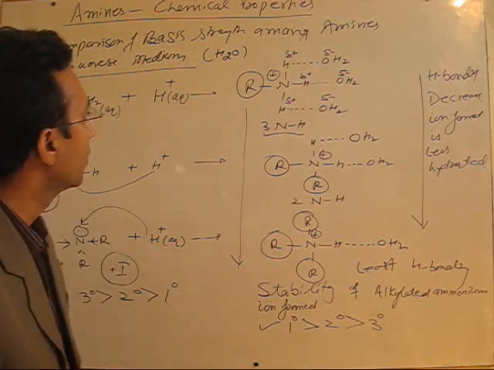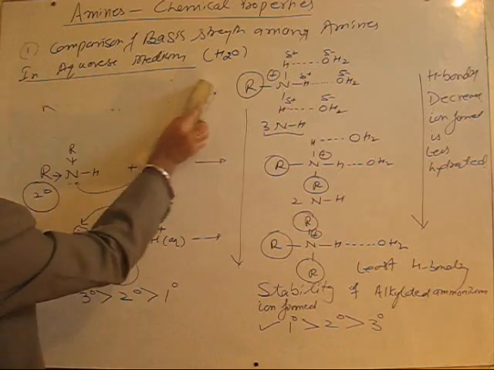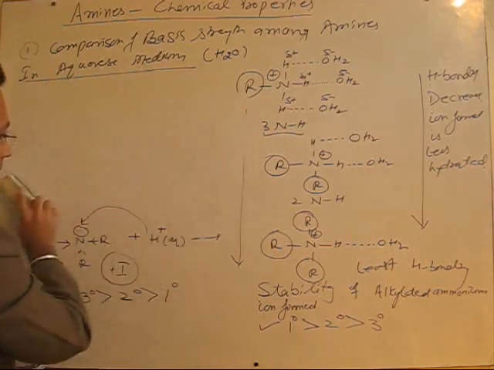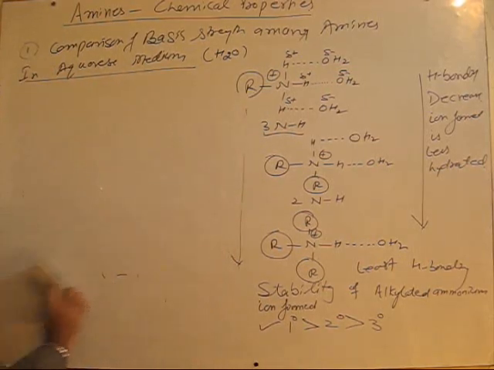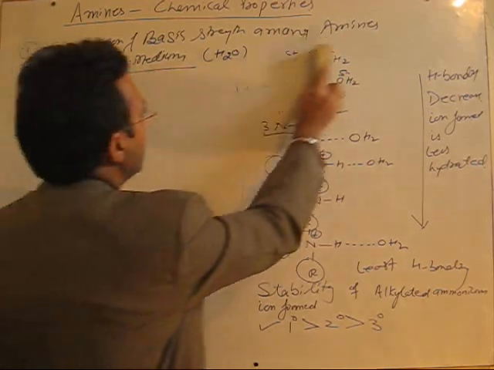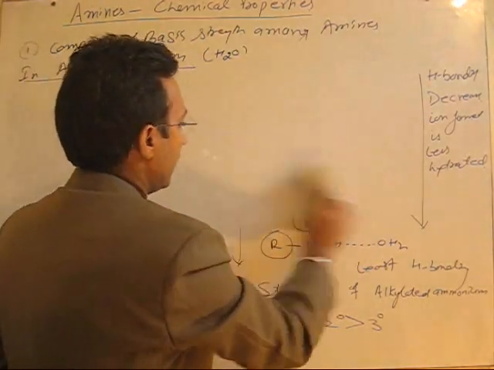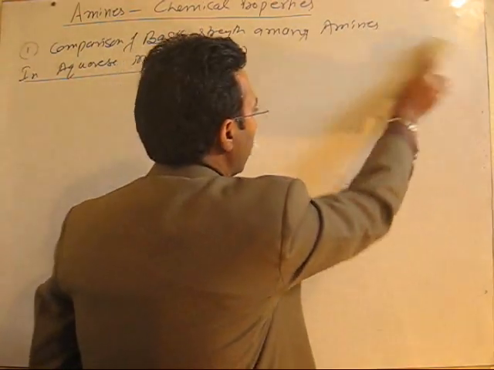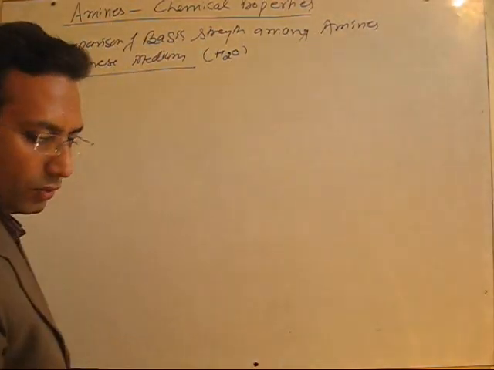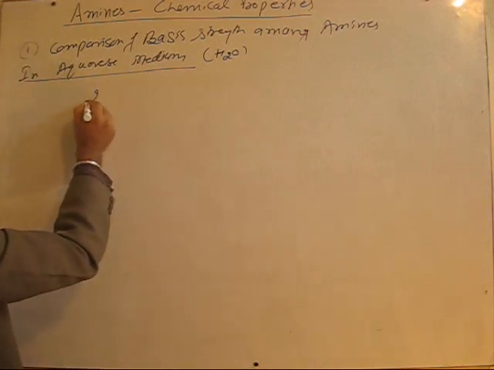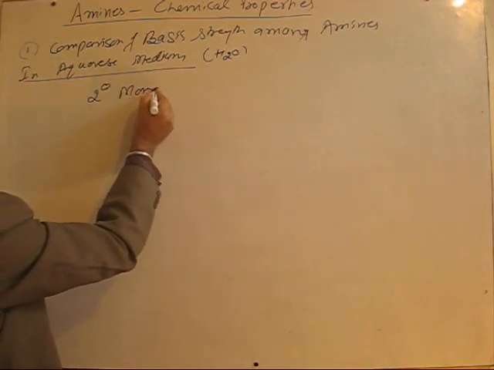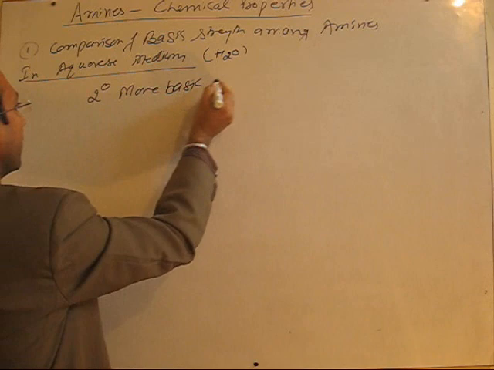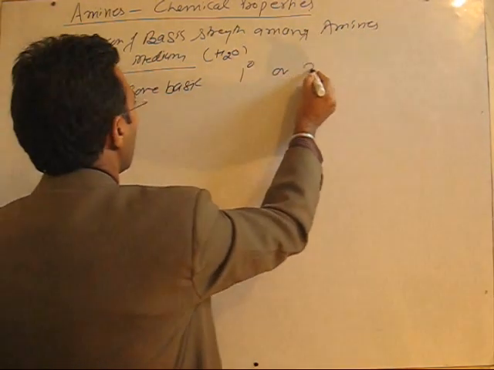I have initially given you the order with respect to the presence of methyl groups on nitrogen and ethyl groups on nitrogen. Let's consider that order first. But one thing which we have decided is that secondary amines are more basic than either primary or tertiary.